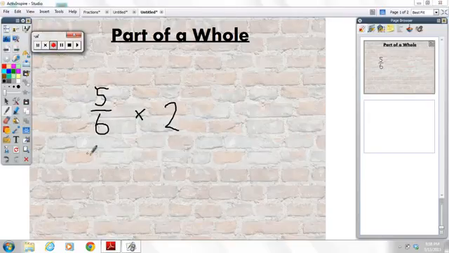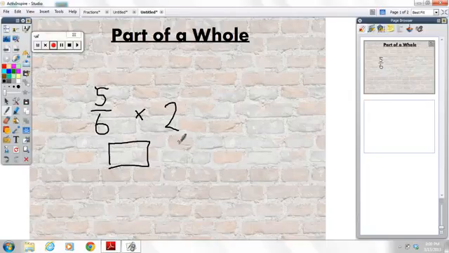Let me show you another example. Here's 5/6 of 2. Okay, what we're finding is 5/6 of 2. So what I'm going to do is represent 2 by making 2 boxes. And this denominator of 6 is going to tell me how I should divide these 2 boxes up.